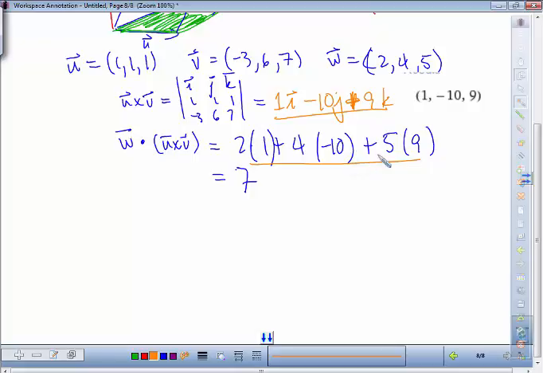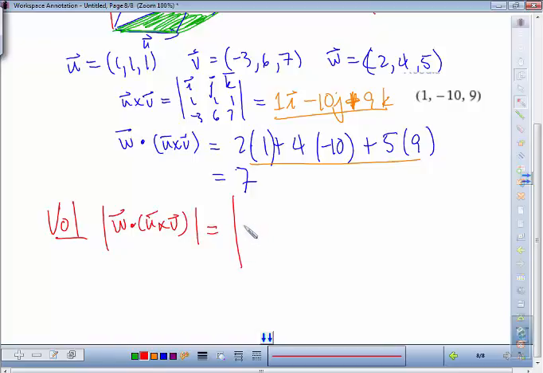You see that? So what I'm trying to say here is that to get the volume of the parallelepiped, when you do W dot U cross V, and again in any order, what you could have done is put the U vector here and the V vector here, and then you would have ijk on top.